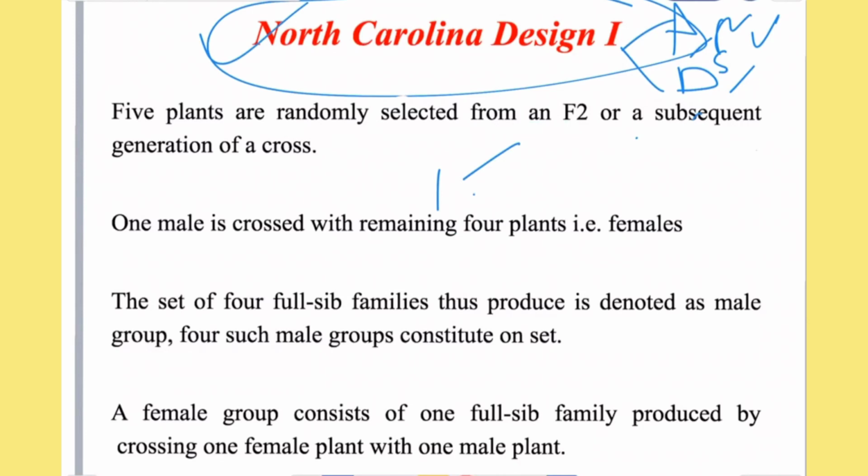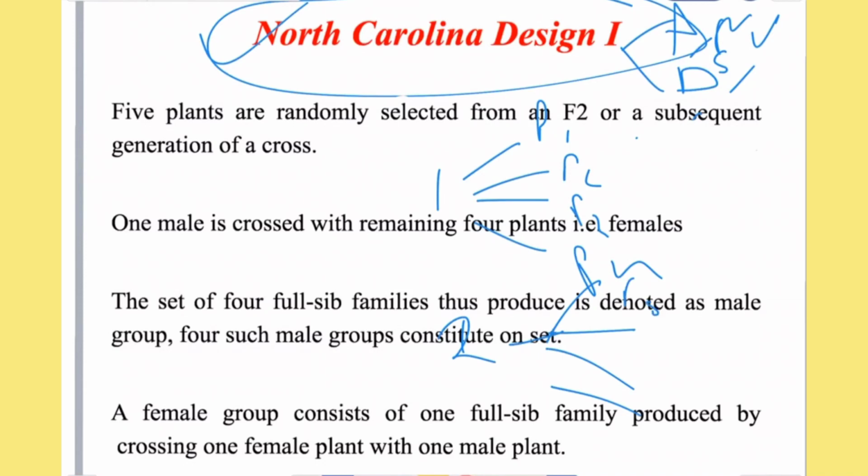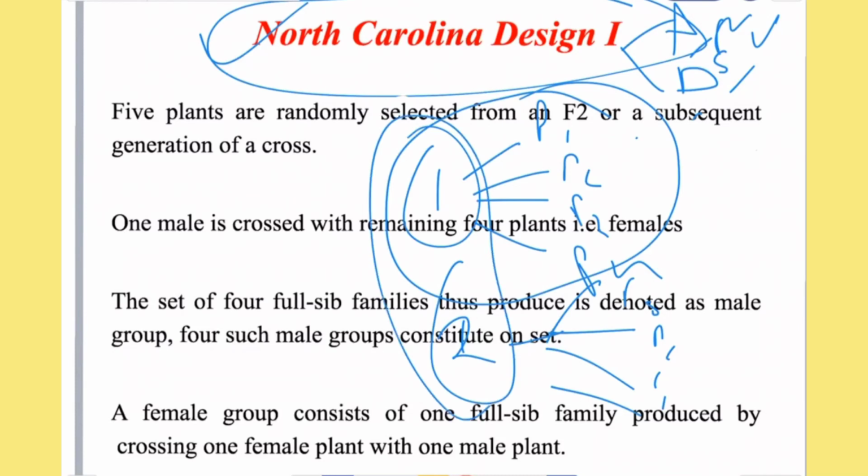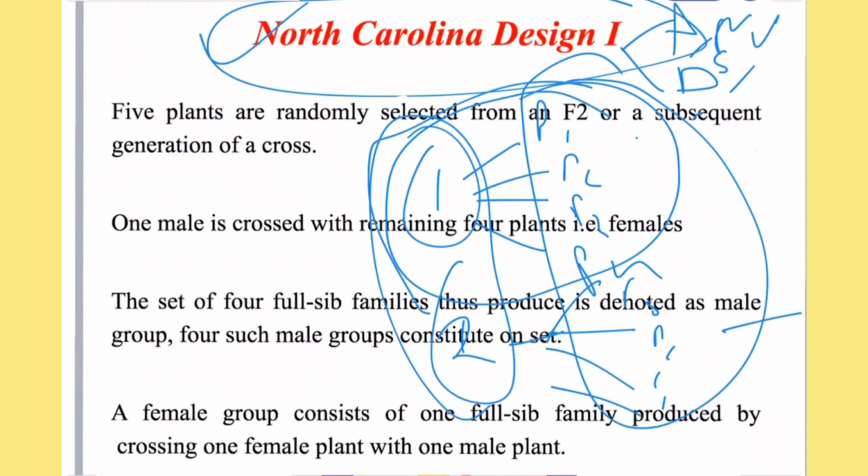In this, the set of 4 sib families thus produced constitutes a male group. Suppose the male parent is crossed with the female parents P1, P2, P3 and P4, and another male parent, the second, is crossed with another 4 female parents P5, P6, P7 and P8. These male groups 1 and 2 constitute a male group, P1 to P8 constitute a female group, and this one is crossed with these 4.